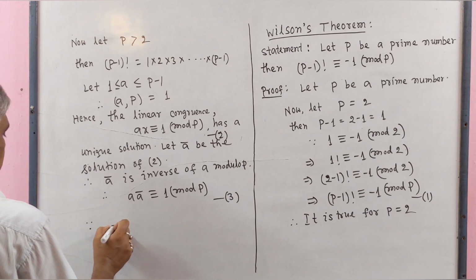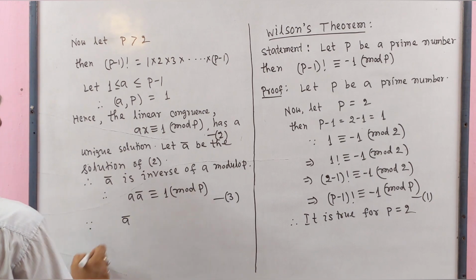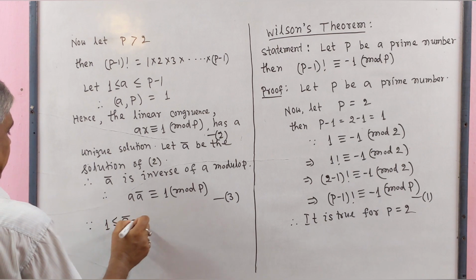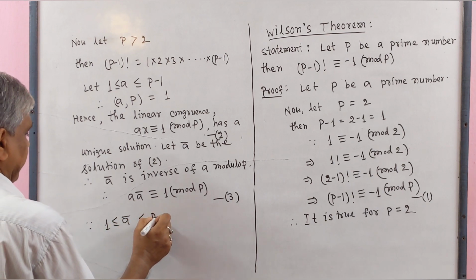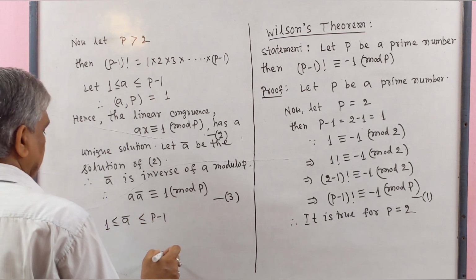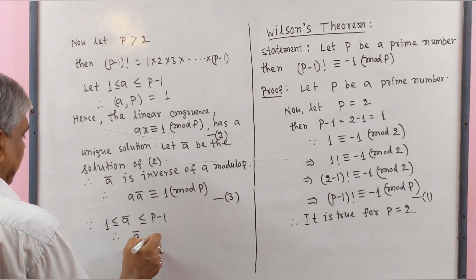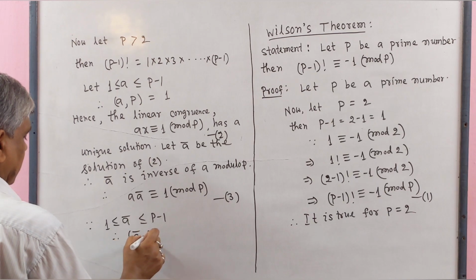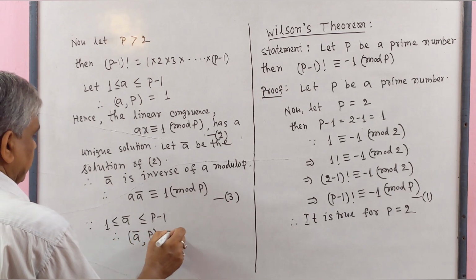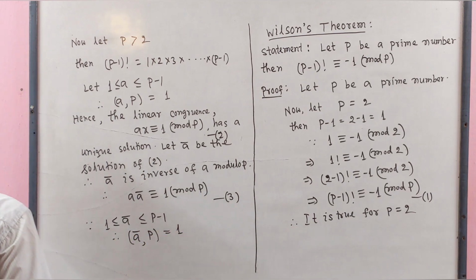Since a bar is greater than or equal to 1 and less than or equal to p minus 1, therefore GCD of a bar and p equals 1.